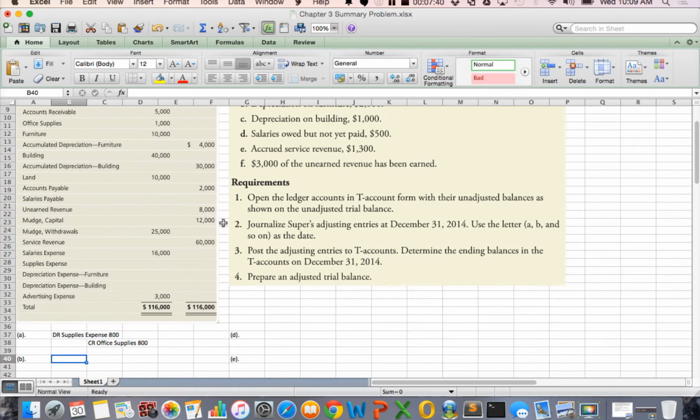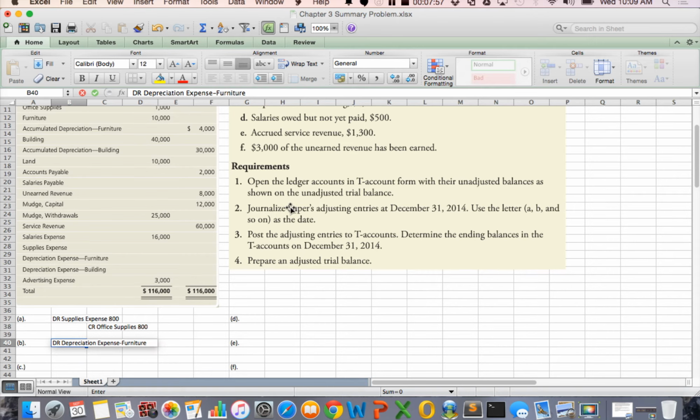If you look at what your template looks like for doing depreciation journal entries, you have some type of depreciation expense, and in this case, it was furniture, $2,000, and credit.